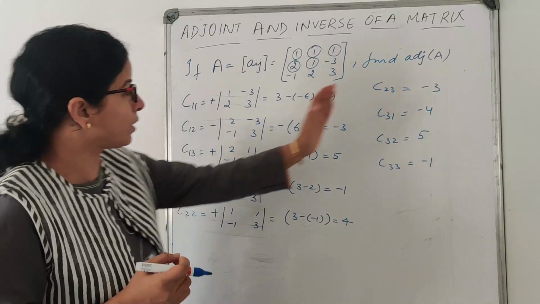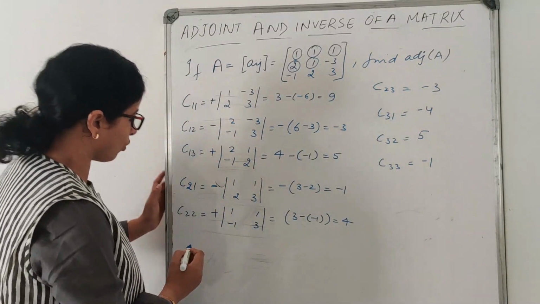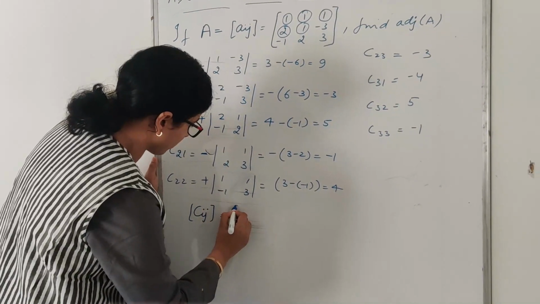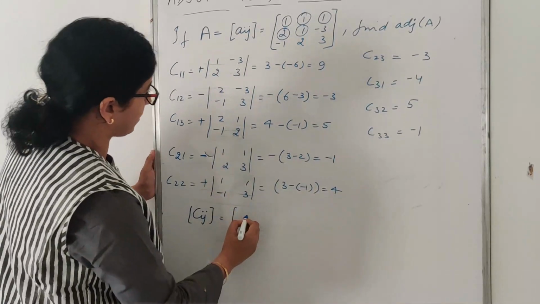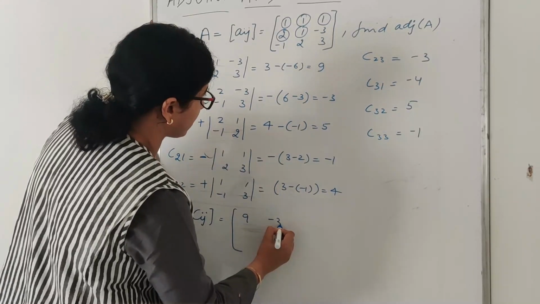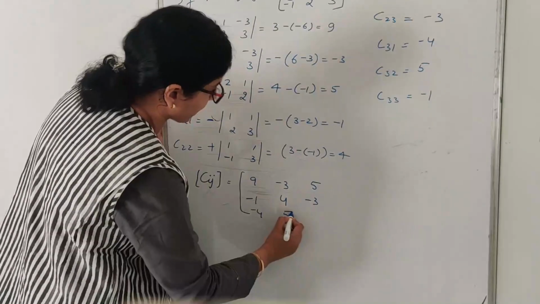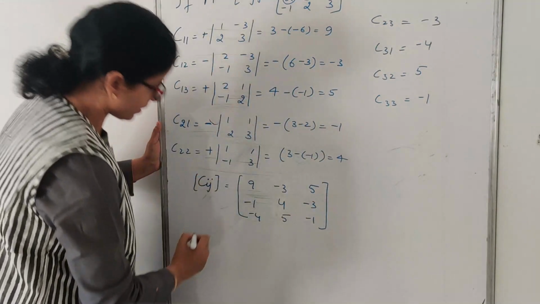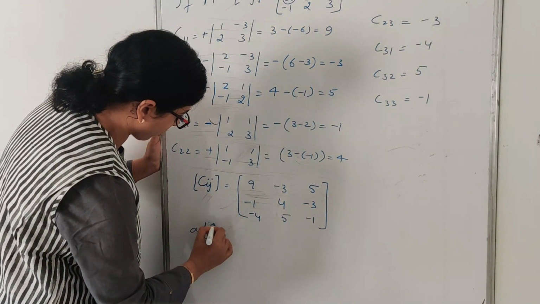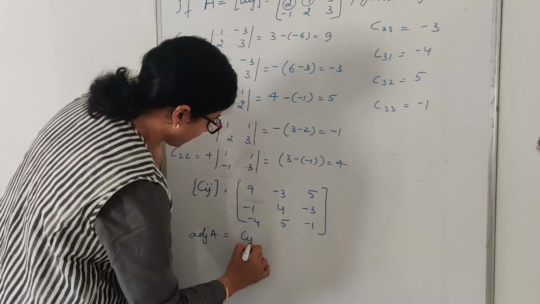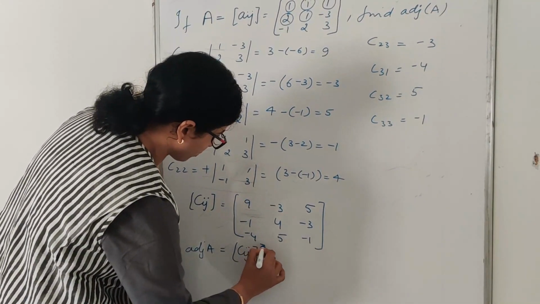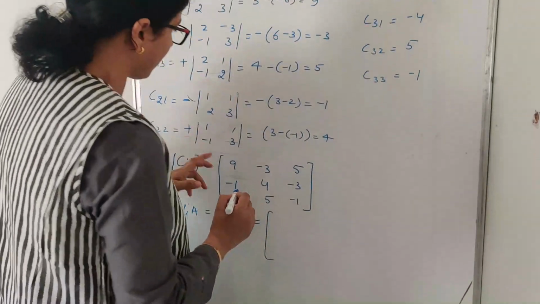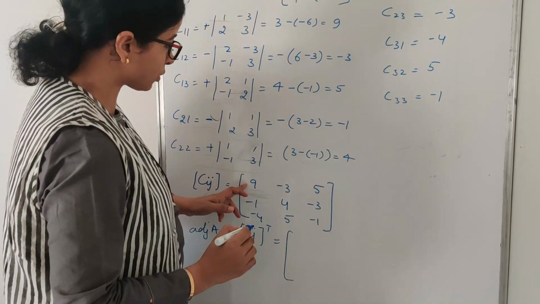Now these are my cofactors, and I will frame the cofactor matrix Cij: 9, minus 3, 5, and so on. What is the adjoint? Adjoint of A is equal to Cij transpose. What is the meaning of transpose?